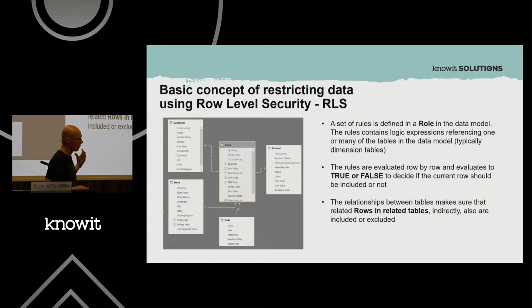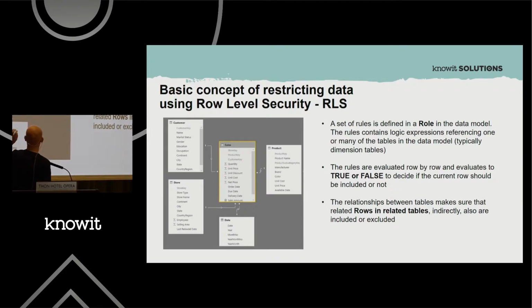And then we take advantage of our relationships between these dimension tables, because typically we introduce the restricting rules on our dimension tables, not on the fact table itself, because most of the time our security requirements are based on the dimension tables.